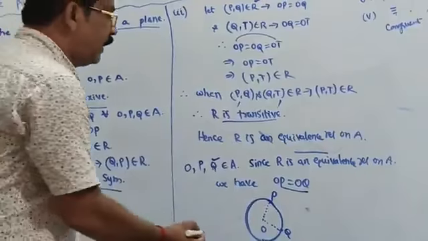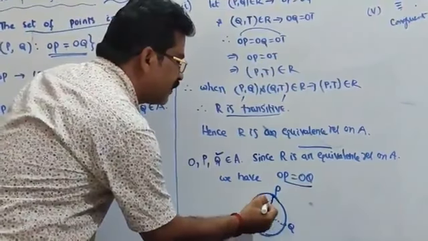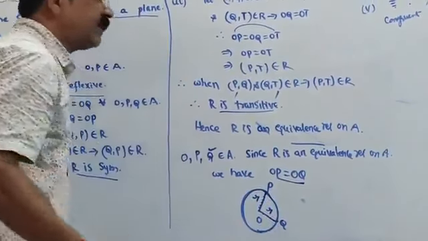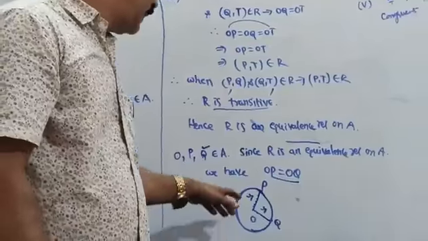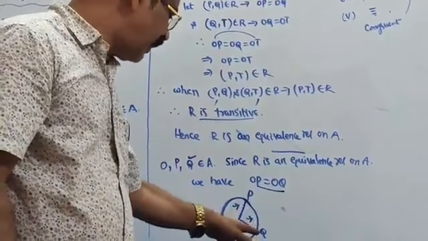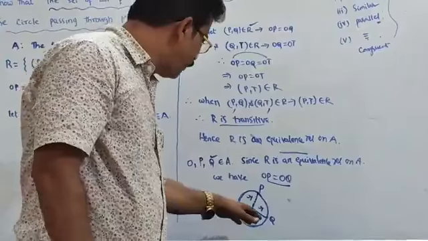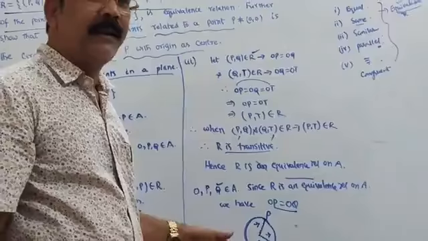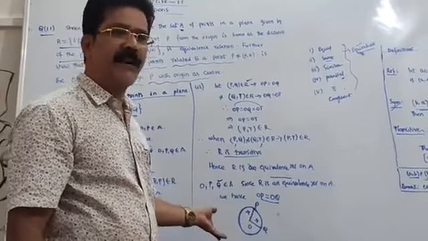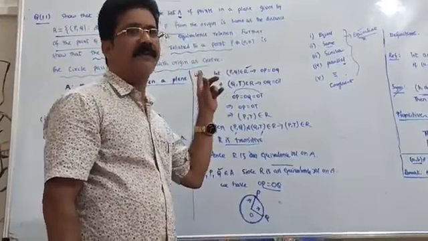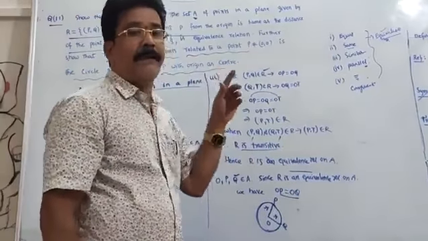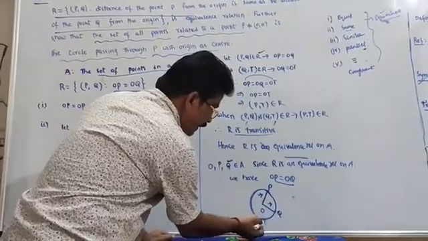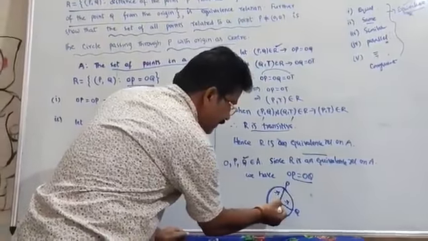Let OP be a constant distance, say r units, and OQ a constant distance, also r. What I am saying is that P and Q are moving from O at a constant distance, say r units. It is nothing but the definition of the circle. In the definition of the circle, the locus of a point which moves at a constant distance from a fixed point.